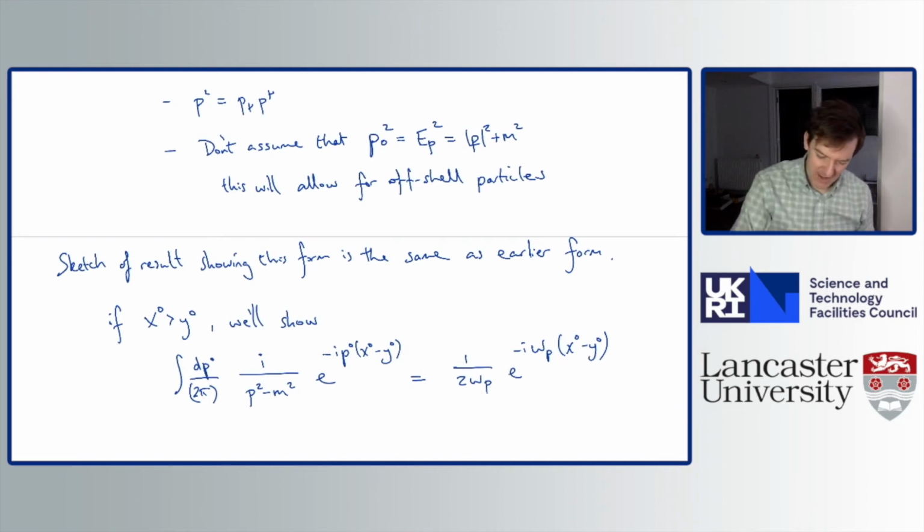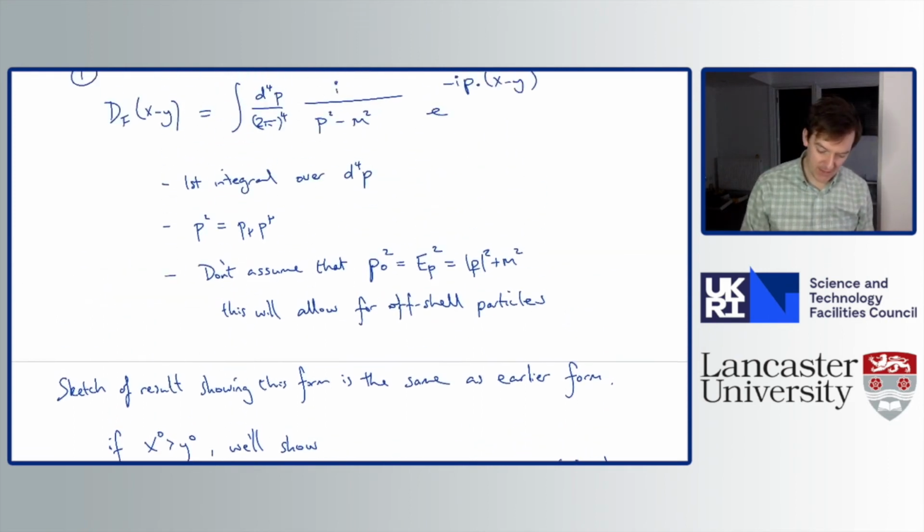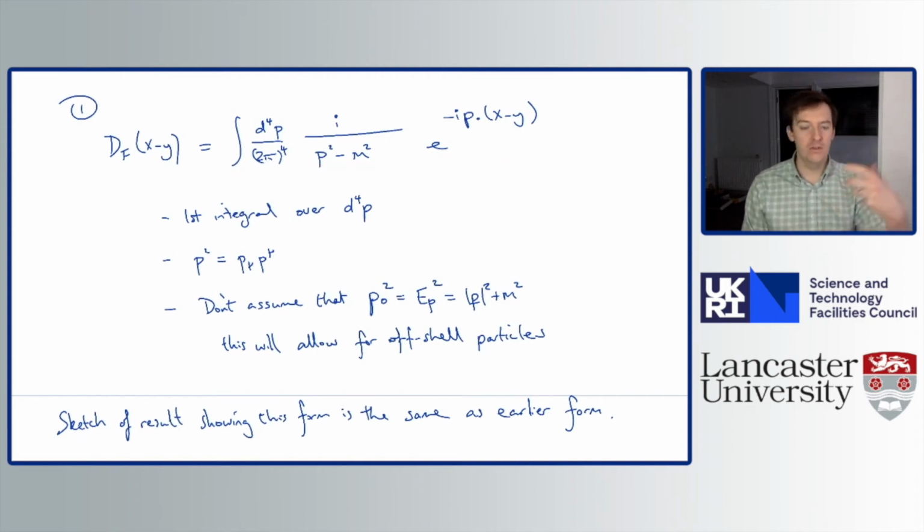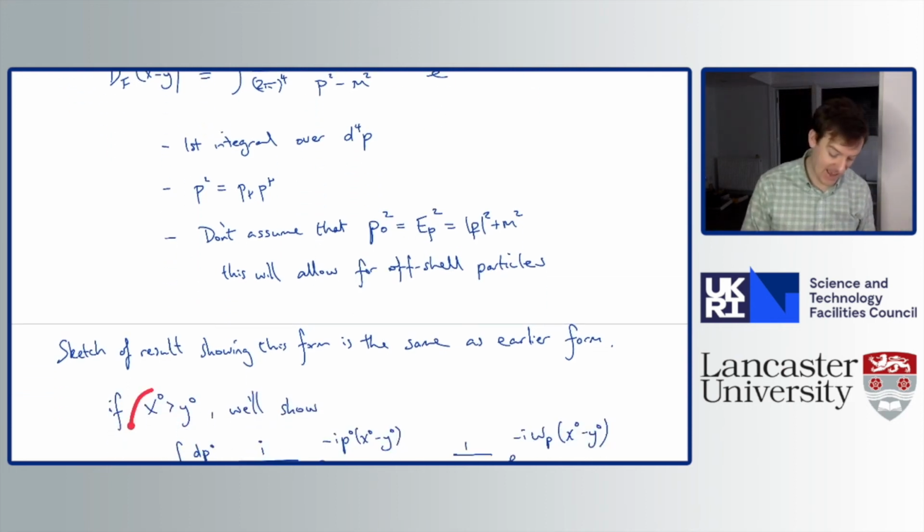Omega_p here is the same as E_p, and omega_p equals the square root of p squared plus m squared. If we can show that this holds, then we would find that this form for the Feynman propagator returns to the form that we saw earlier when x0 is greater than y0.